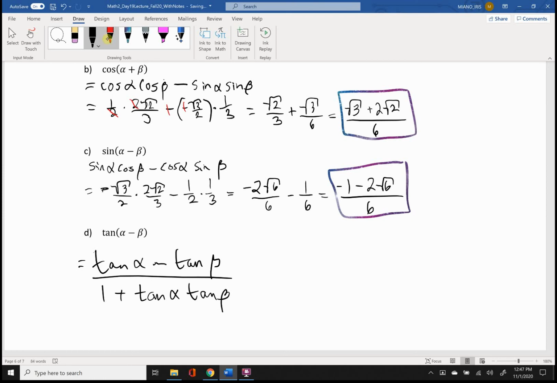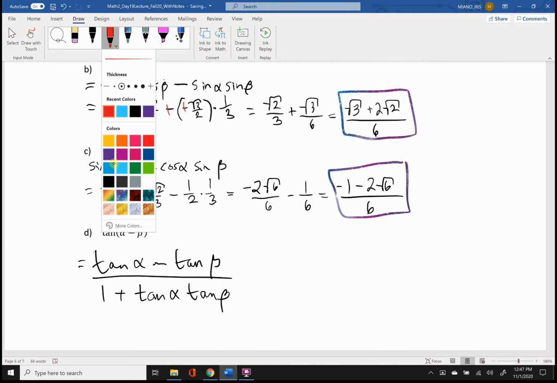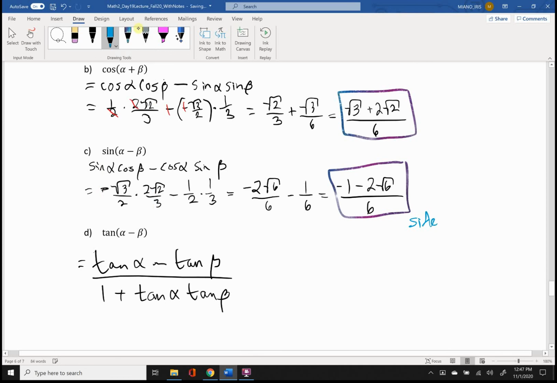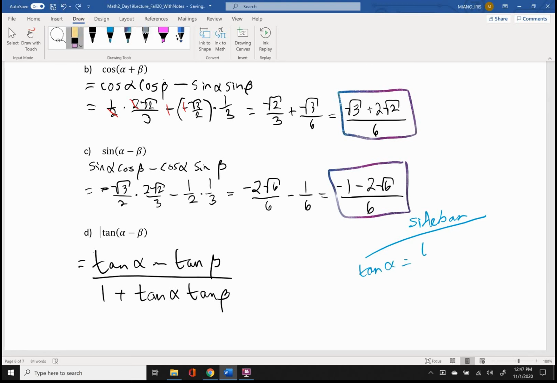It'd be cool if I did a little sidebar on that, so let me change the color. We'll do a darker blue. So tangent alpha is sine alpha over cosine alpha, which is negative root 3 over 2 over 1/2.